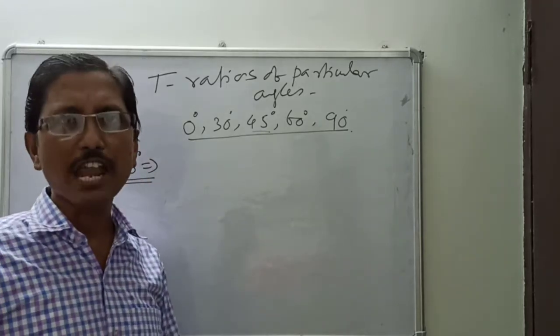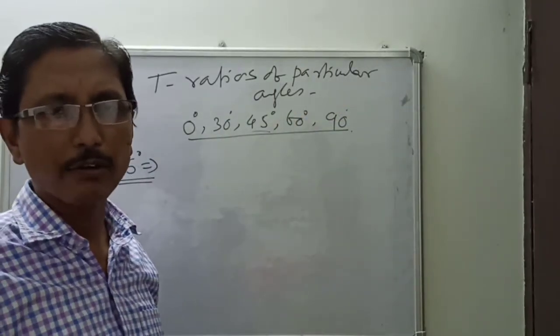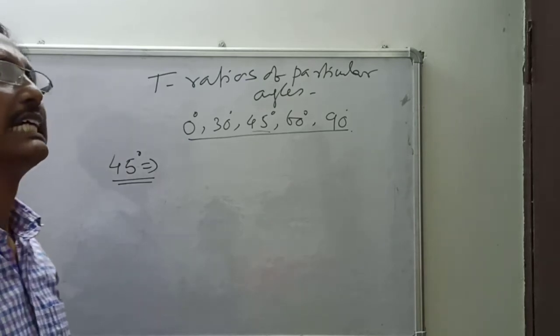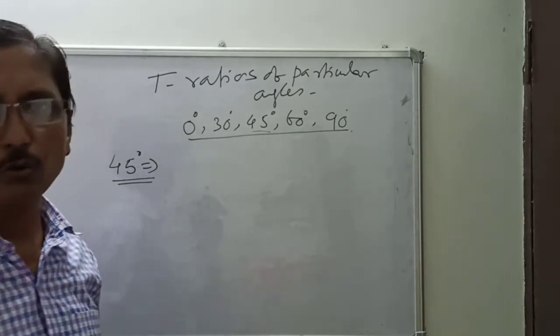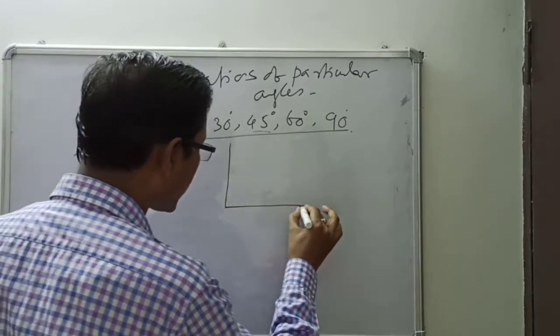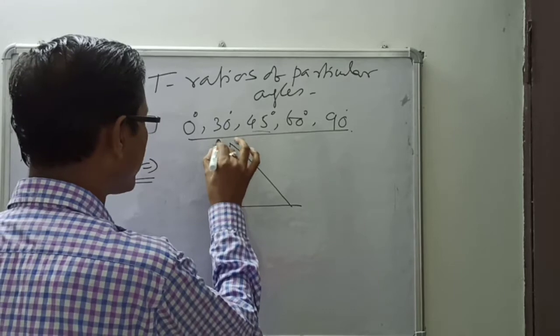So for 45 degree, trigonometric ratios mean we can apply them only in a right triangle. So for 45 degrees, which triangle will come in your mind? First, let us take an isosceles right triangle, which means one angle is 90 degree.